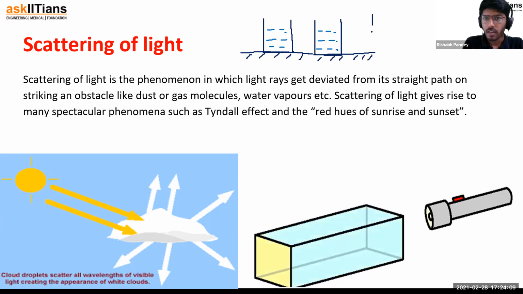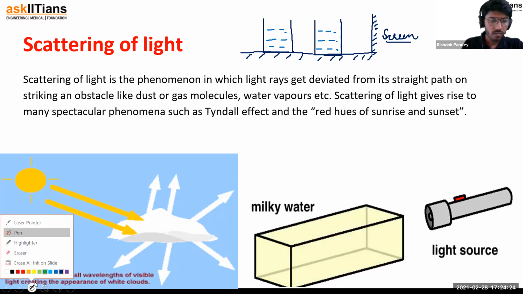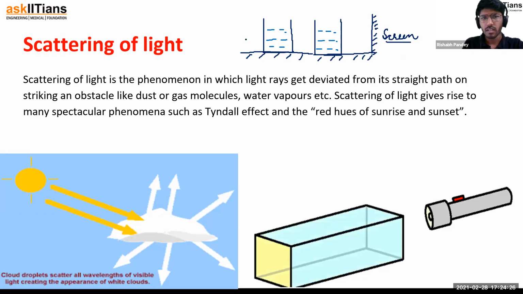And here's a screen. You can see there's a screen over here. So as you can see, this is a surface and this is a screen, right? And I am taking a laser light, say a laser light green in color. A green laser light is used over here. This ray of light will be seen over here, but it won't be seen in this part.